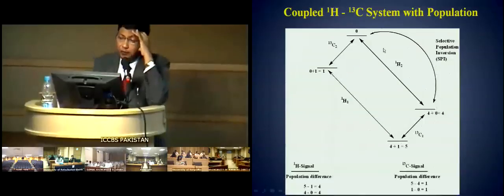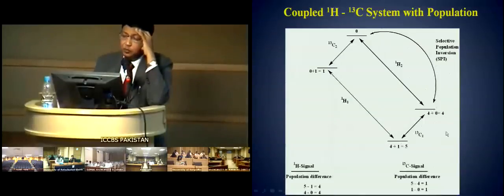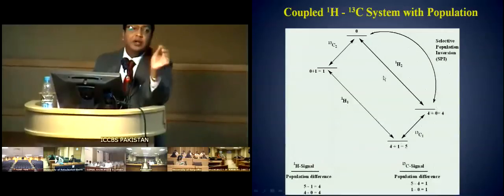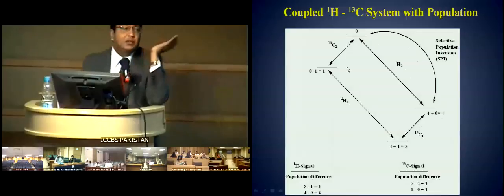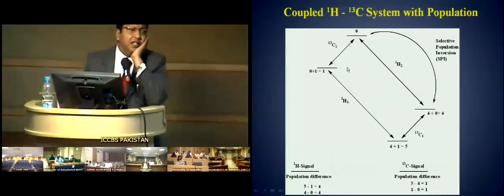For simplicity, just assume that one of the two lines of the proton is inverted, right? Which primarily means that you take this population up, and when you do that, the population difference of the carbon is also affected, isn't it?